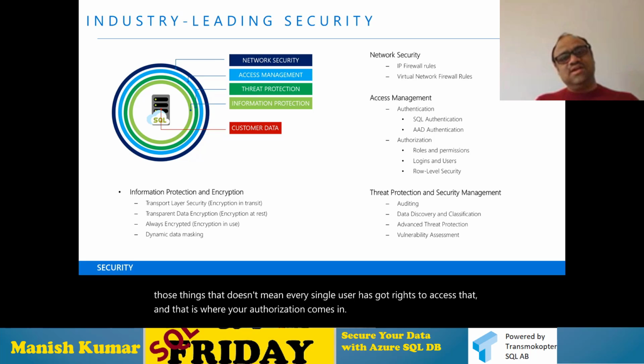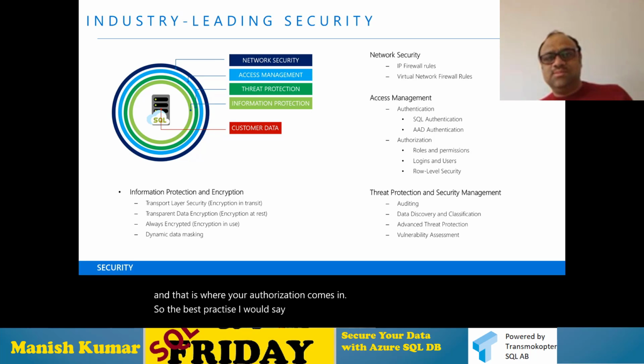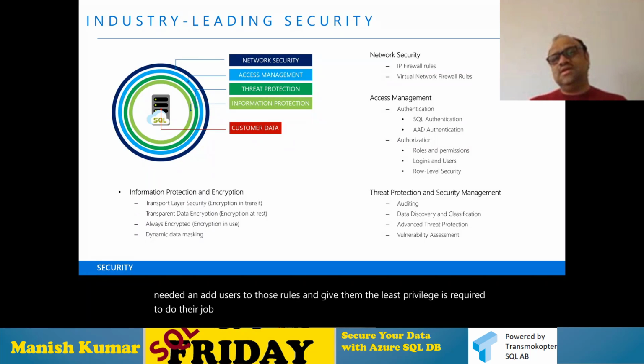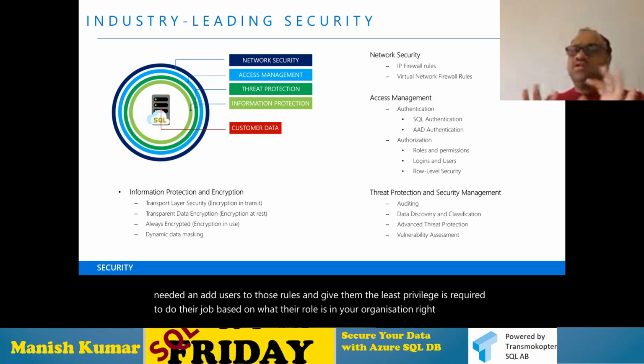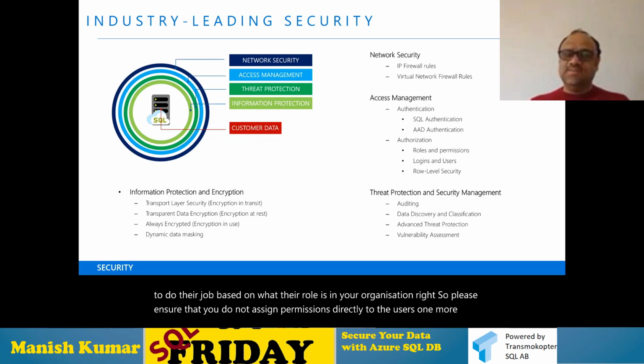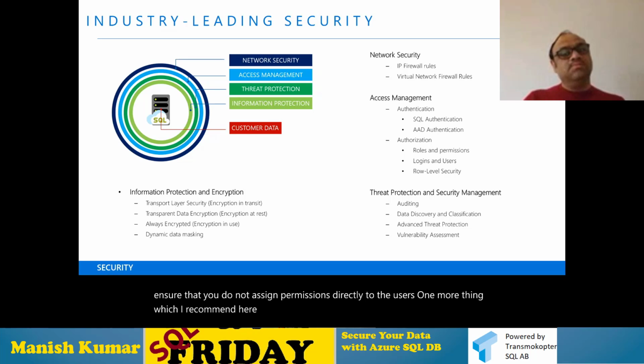So the best practice I would say would be to create custom roles whenever it is needed and add users to those roles and give them the least privileges required to do their job based on what their role is in your organization, right? So please ensure that you do not assign permissions directly to the users. One more thing which I'll recommend here is to implement row level security.